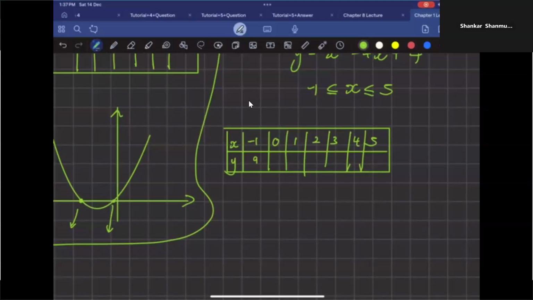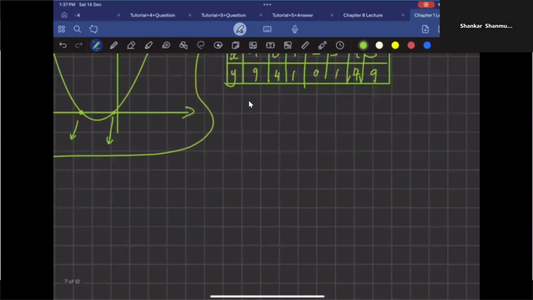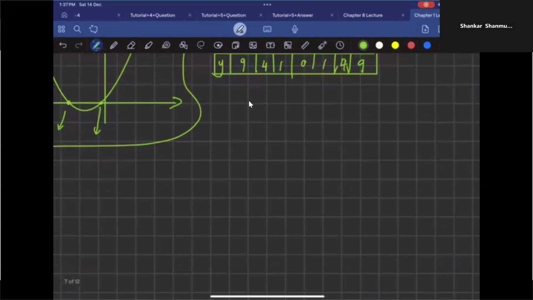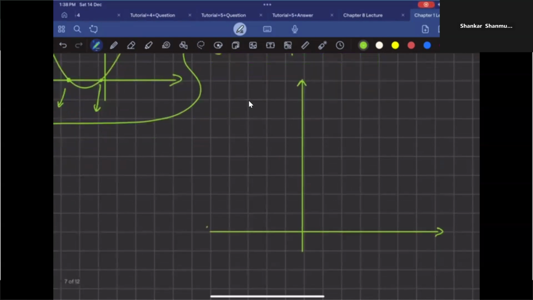So if you actually go calculate, these are the values that you will get. 0, 0, 1, 4, 9. Okay? And once you calculate, just plot the graph. Okay, I'm drawing on iPad, so it may not be as accurate, but I'll try my best.